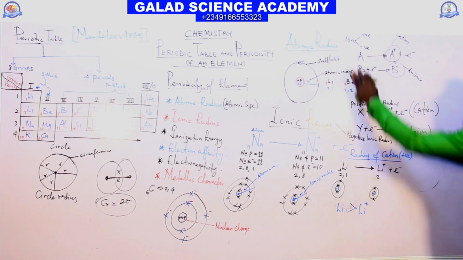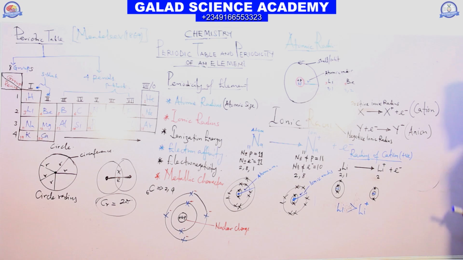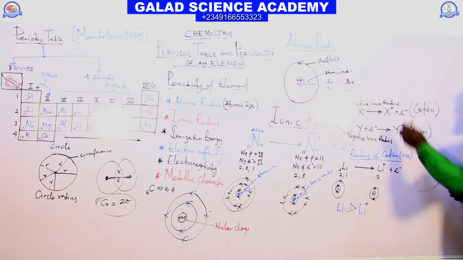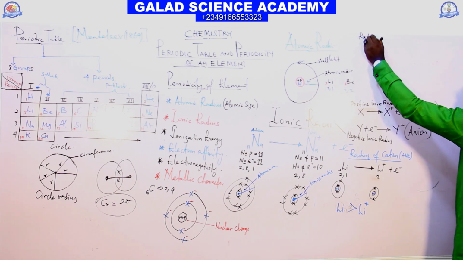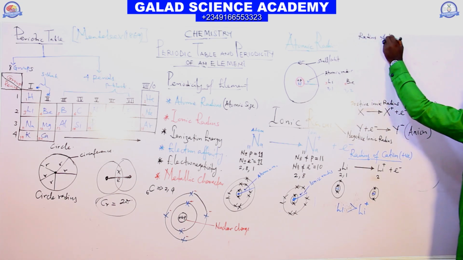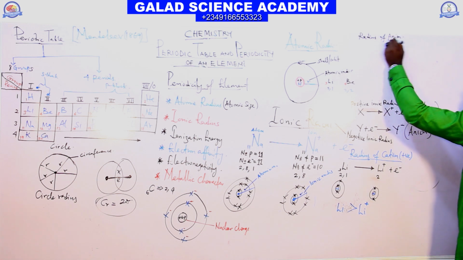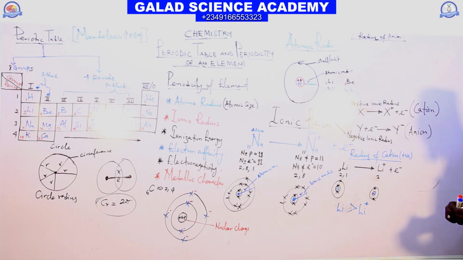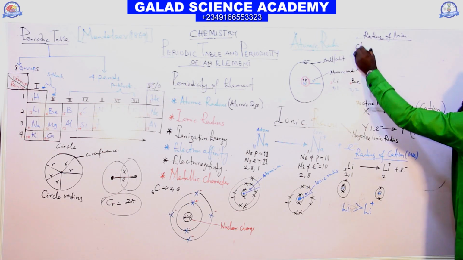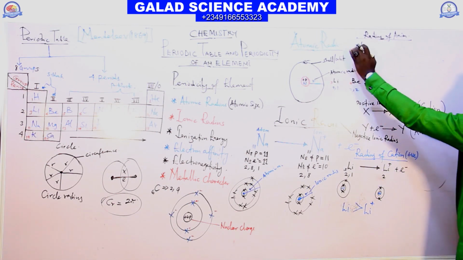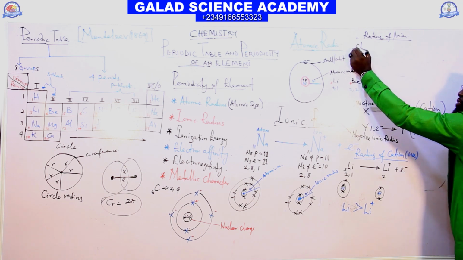the radius of anion. So for the radius of anion, what do we have there? Look at the chlorine atom, with atomic number 17.